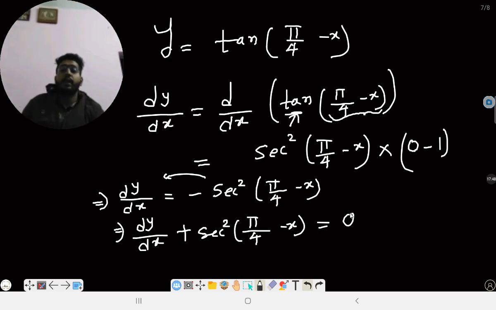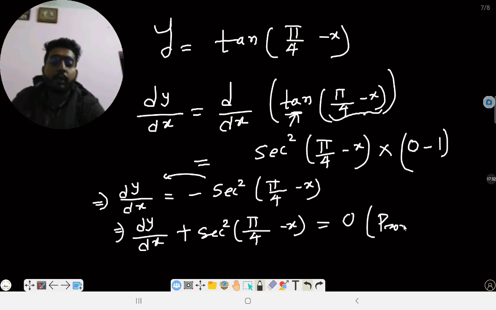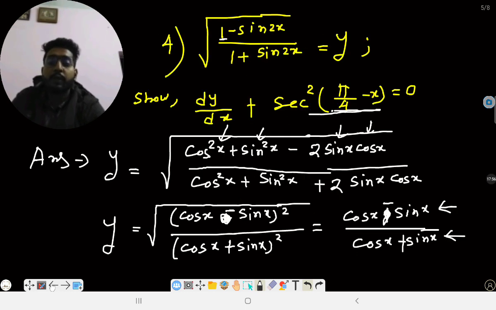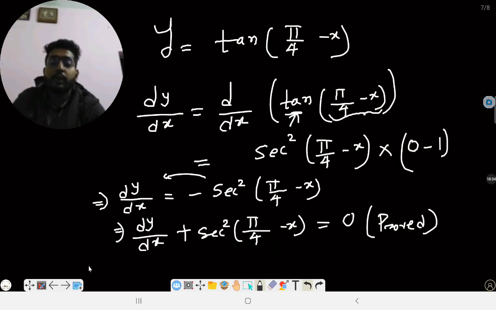Okay, so that is the proof. This proved the property, and this question is done. So the way is: first simplify this, and after simplification, find the derivative using the chain rule.